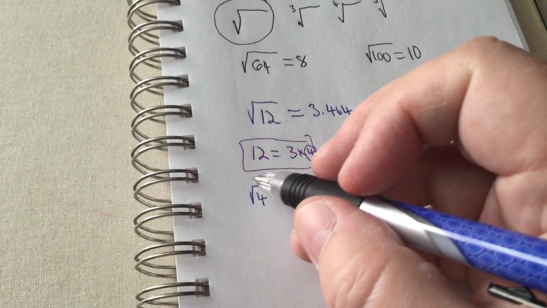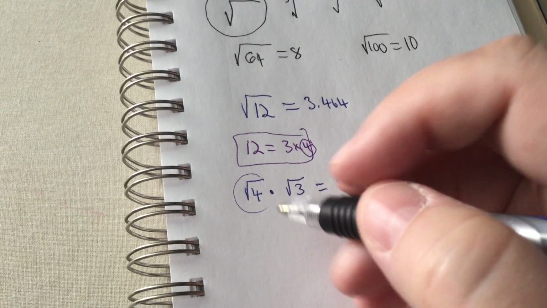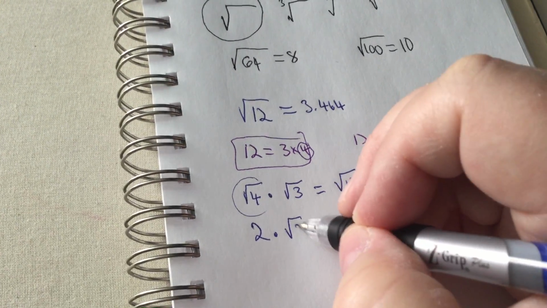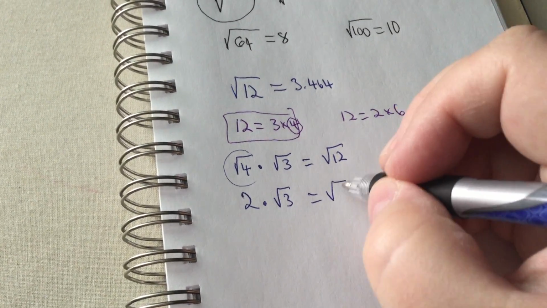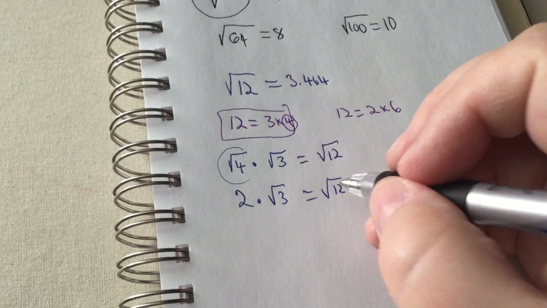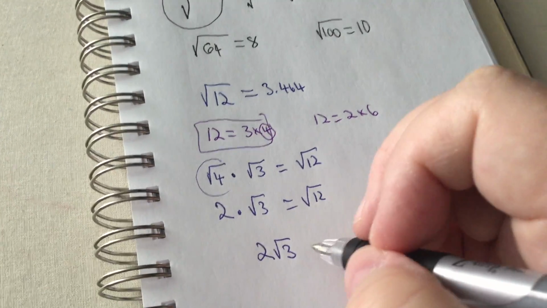But this is something I can simplify. The square root of 4 is just 2. 2 times the square root of 3 is equal to the square root of 12. So the simplification of the square root of 12 is 2 times the square root of 3.